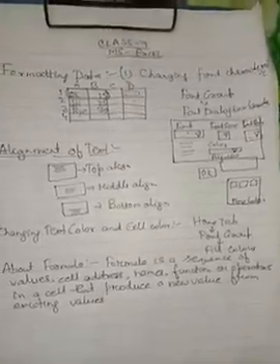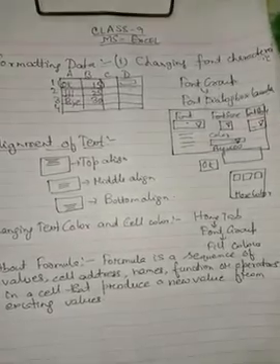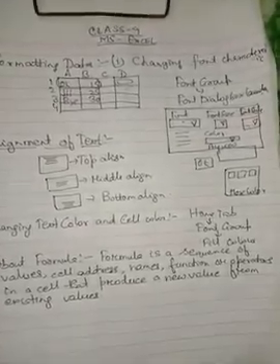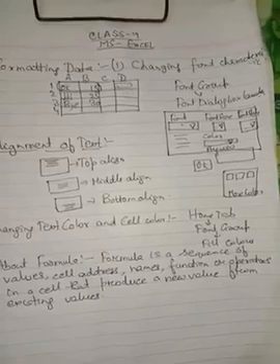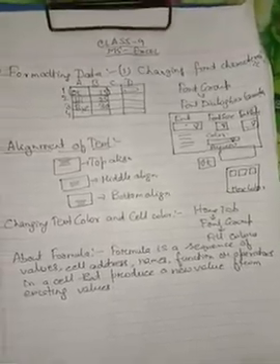So what is a formula? We can say a formula is a sequence of values, cell addresses, names, functions or operators in a cell, and we can produce a new value by calculating the earlier values in the cells.